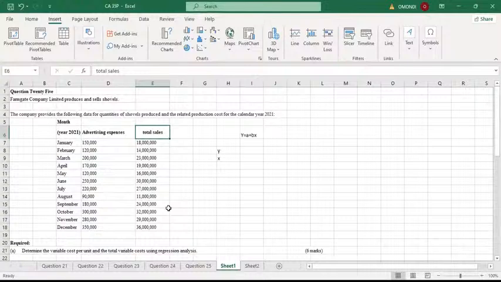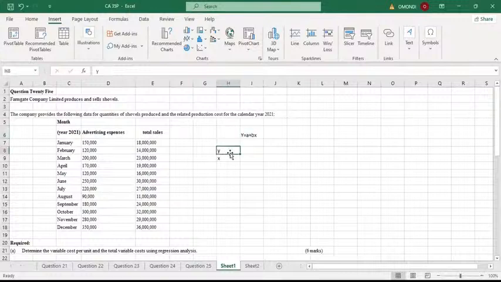So Y will be the total sales. I think we are able to relate what is going on here. The one that is dependent on the other will be the Y, because remember our function is saying Y is equal to A plus BX.